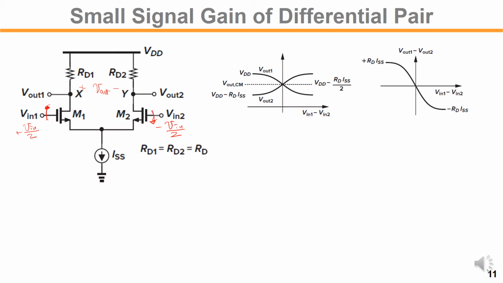So in that case, if you raise the voltage on the left, the current through M1 will increase. How much? Let's say that is ID. How about the other side? If you decrease the gate on the right hand side, the current through M2 will decrease.